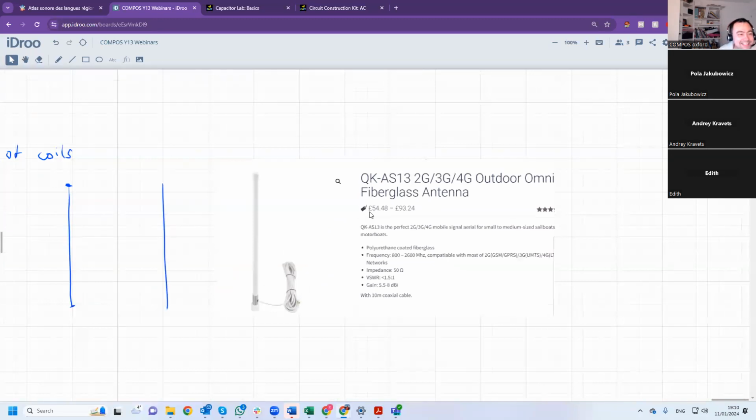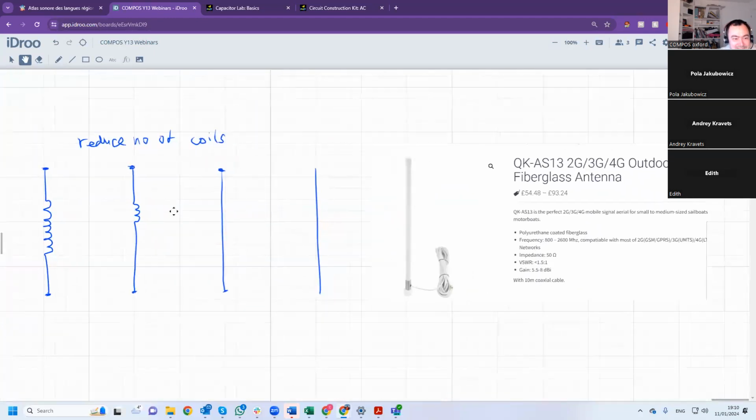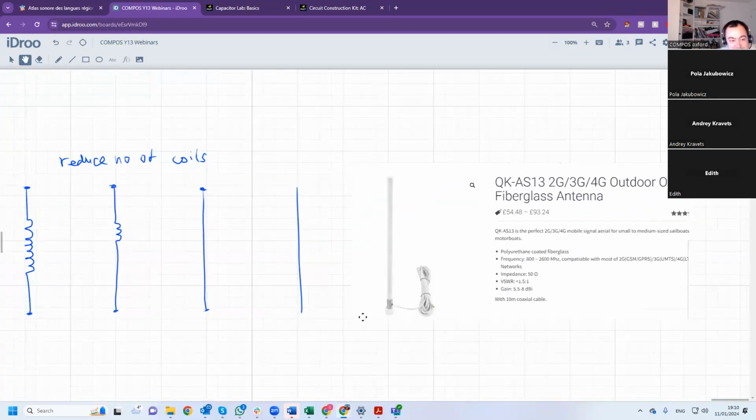An antenna is a high frequency oscillating circuit where the tip ends of the antenna act as a capacitor and the wire acts as an inductor. Any wire will have an inductance. With no coils, you still have inductance, it's just going to be very small.